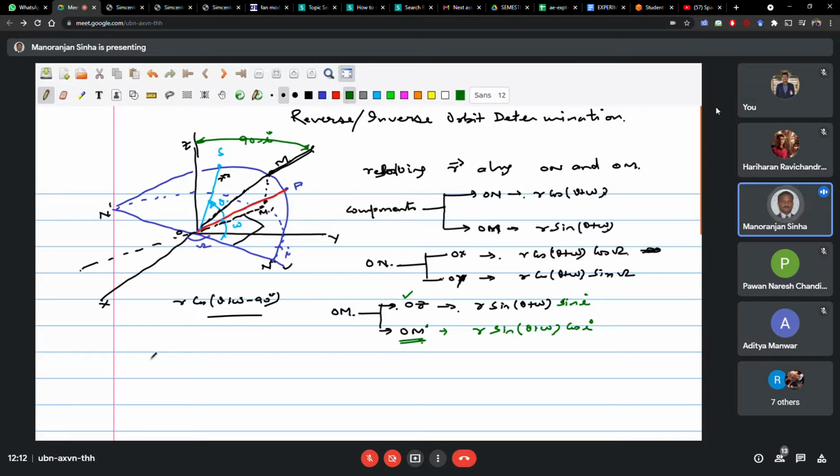So as we can see, OM prime will have component along the OX direction as R sin(theta plus omega) cos I times cos(90 plus capital omega). Cos(90 plus capital omega) is minus sin capital omega. So we put a minus sign here.